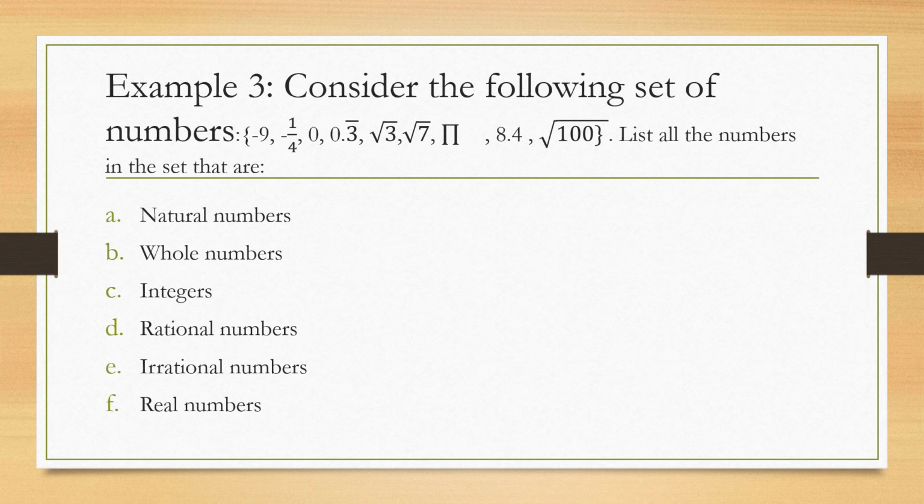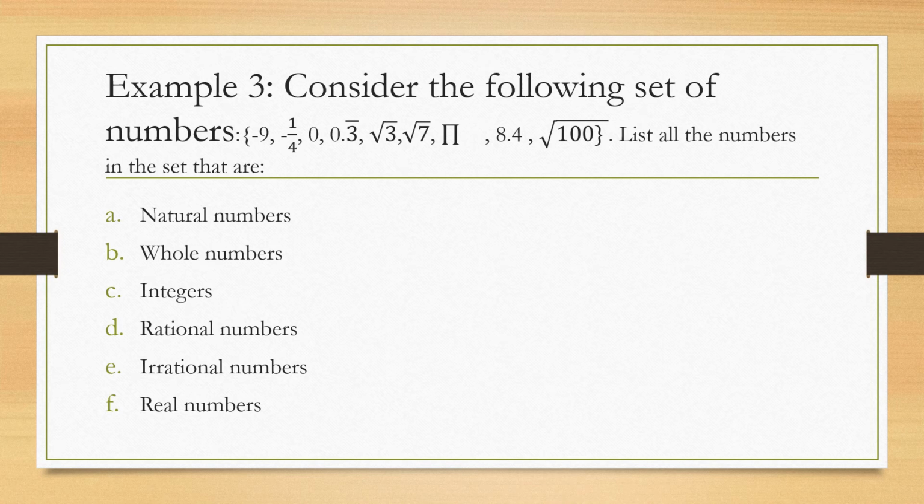Example number 3. Consider the following set of numbers: negative 9, negative 1/4, 0, 0.3 repeating, square root of 3, square root of 7, pi, 8.4, and the square root of 100.